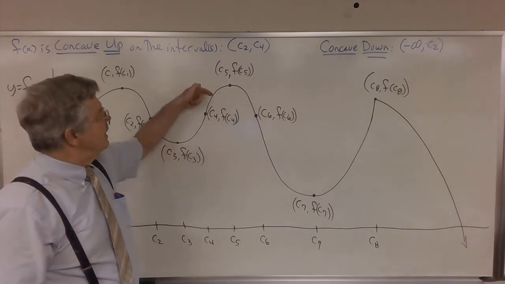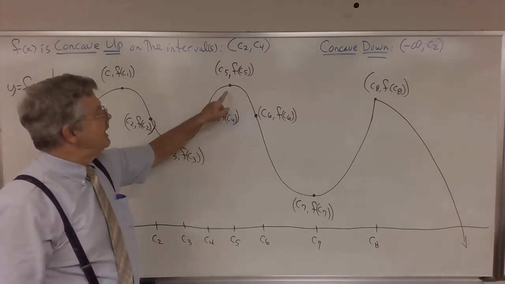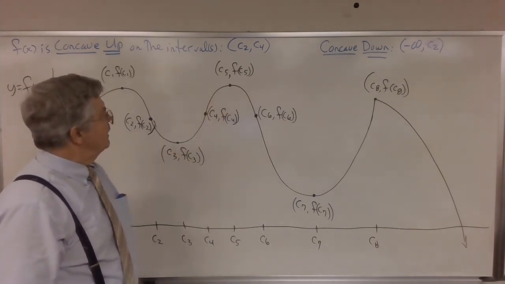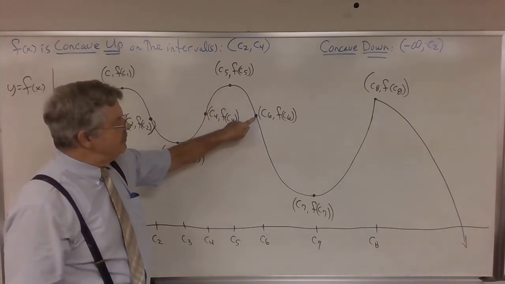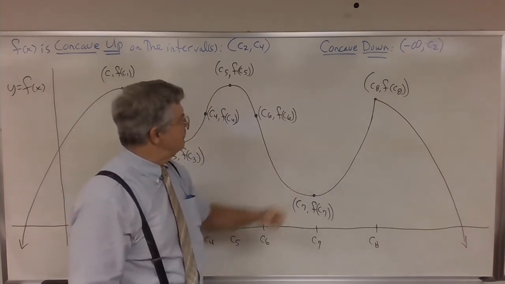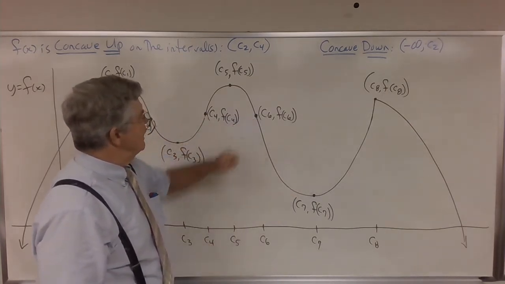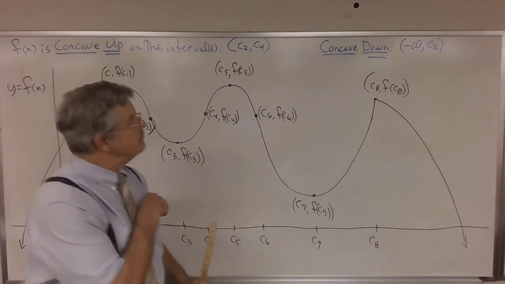So I'm thinking concave down here, concave down here. The concavity doesn't change at this point. And I think the graph is concave down until we get to right about this point, and then the shape starts changing to concave up. So I think from this point to this point, the graph is concave down from C4 to C6.